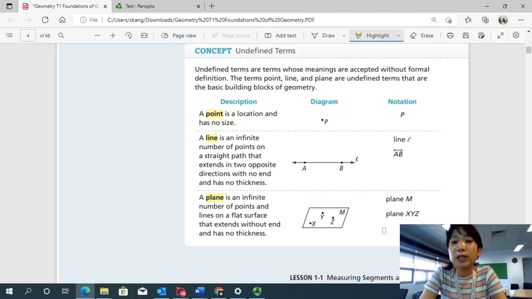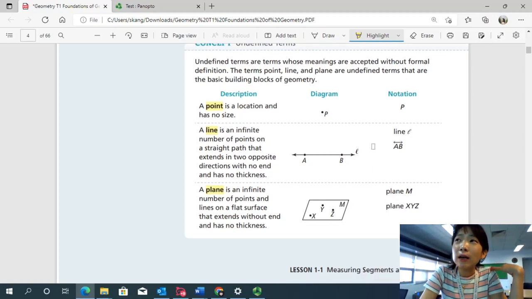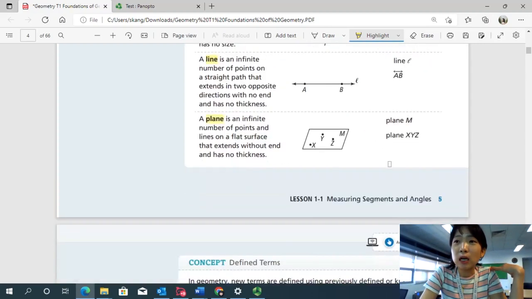On a flat surface, which means it's not curved, it's not multiple layers, it's just a plane on a flat surface that extends without end and has no thickness, okay? So these are the diagram and notation for these terms.